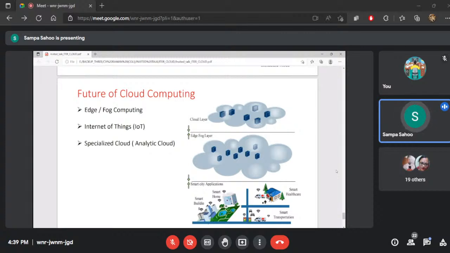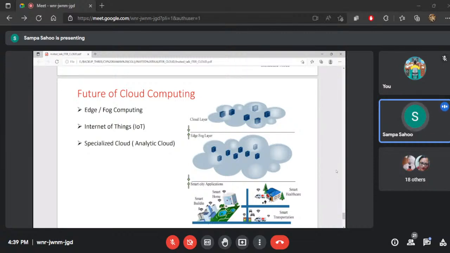Use of edge computing and fog computing doesn't mean that cloud computing is not there. Only thing is that, to reduce the delay, a middle layer is designed between the cloud and the smart or IoT applications, that is either the edge or fog layer, that will give the quick response.